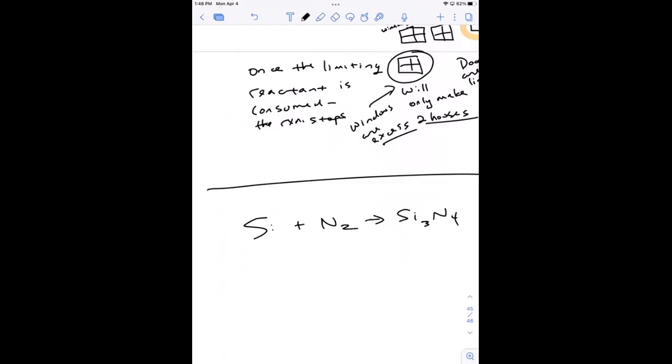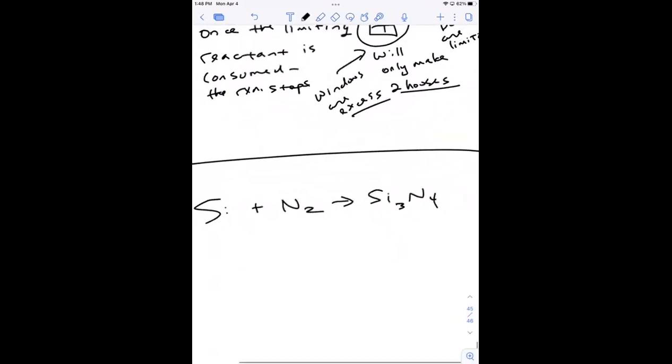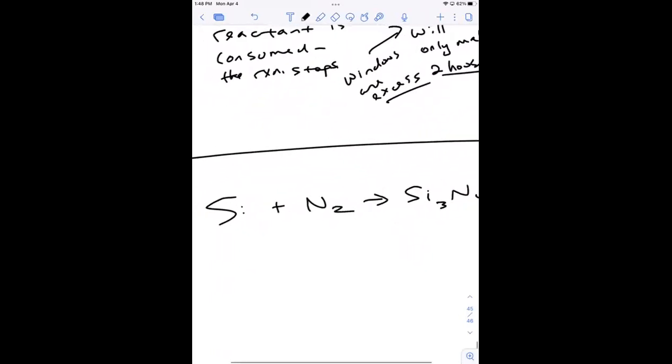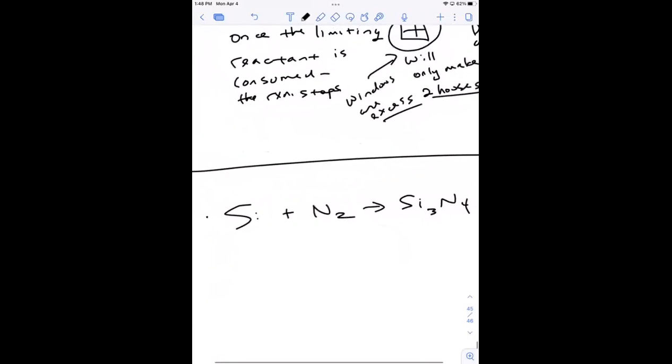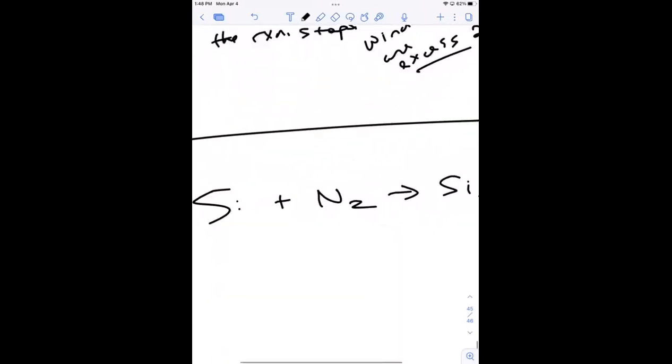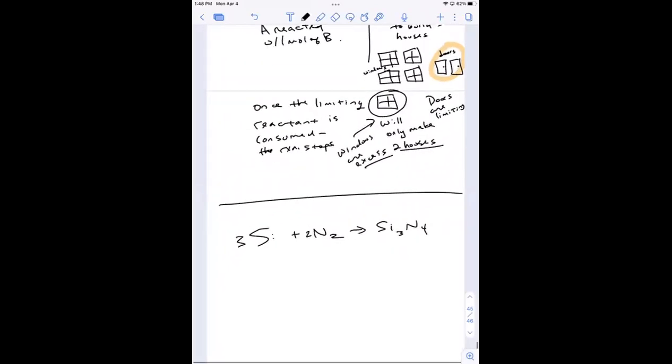Is that balanced? No. So let's balance it. What would you do? Put a 3 in front of silicon and a 2 in front of nitrogen. Good. So now it's balanced.